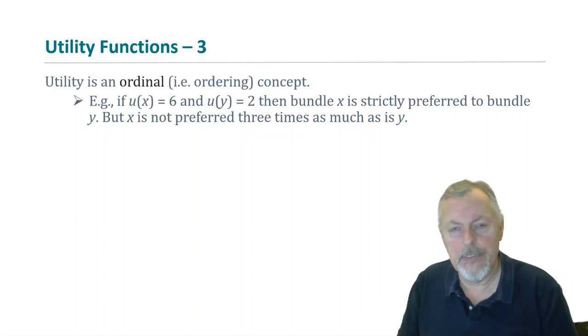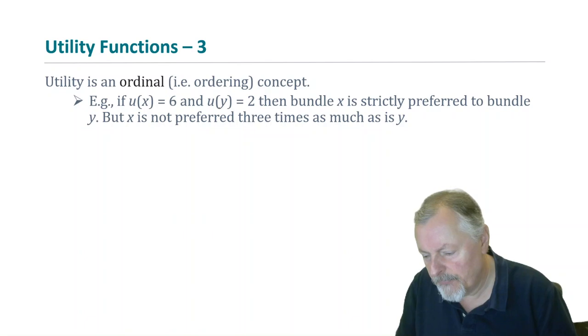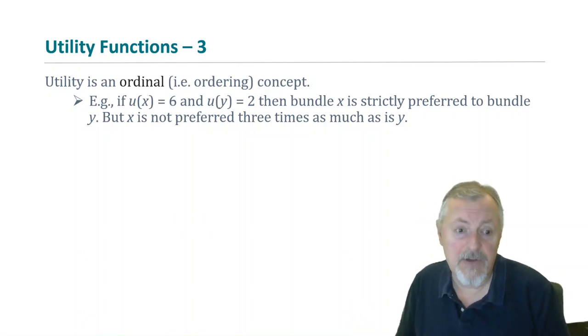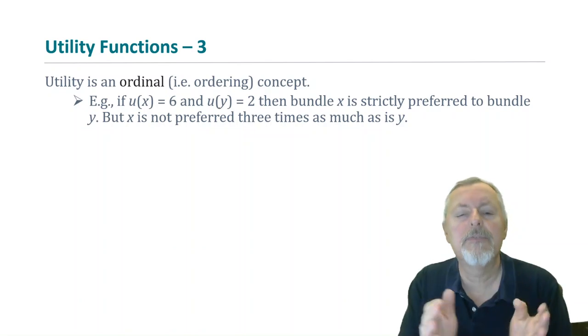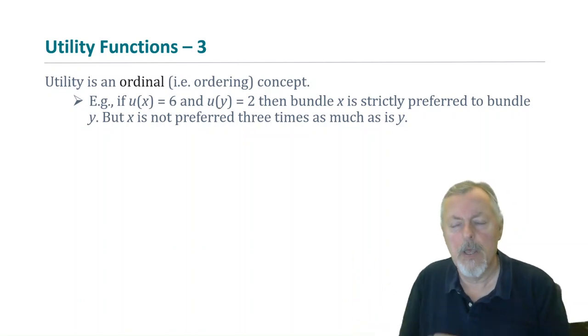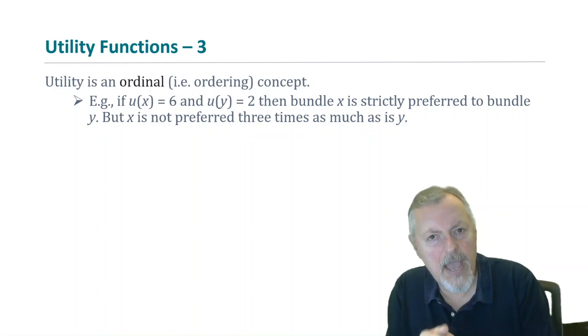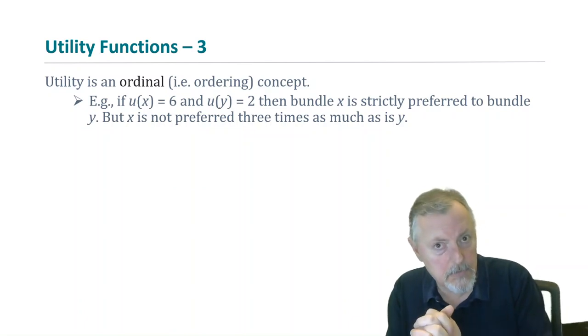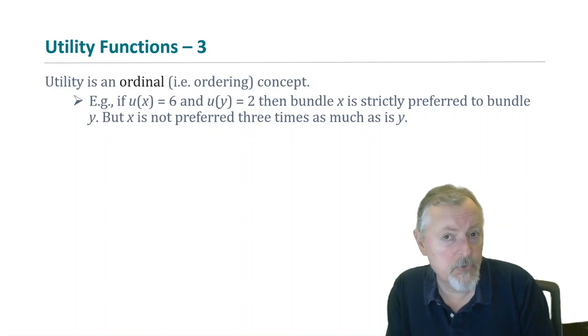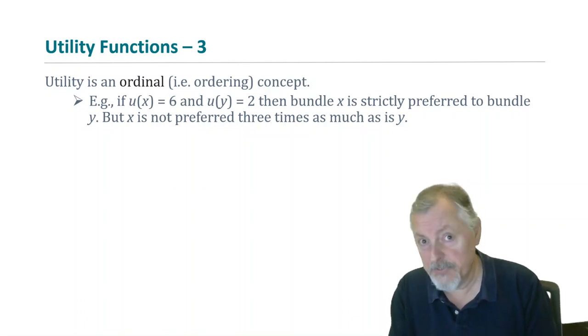To use the example before, you have two things. The utility of thing A is 5. The utility of thing B is 7. From that, all we can tell is that if presented with these two things, the person will choose the second one.